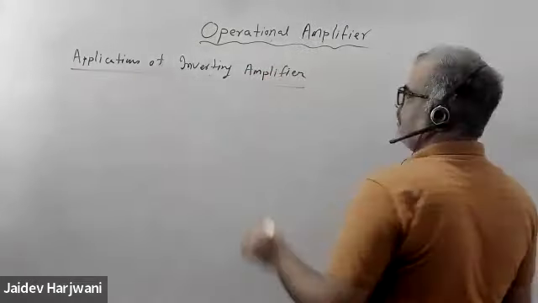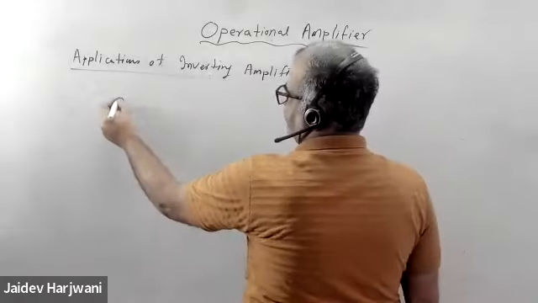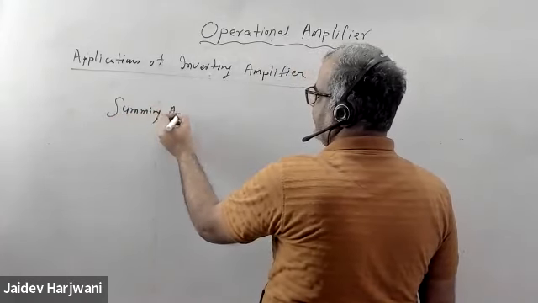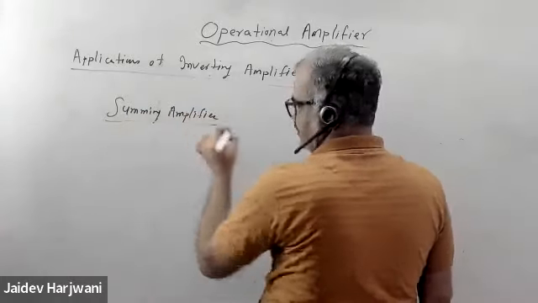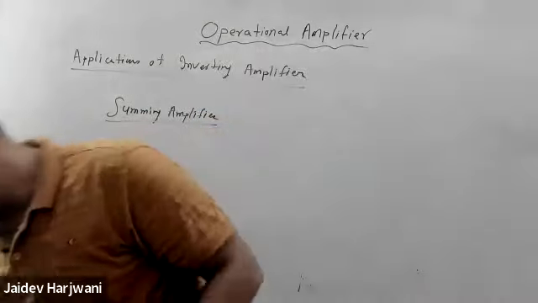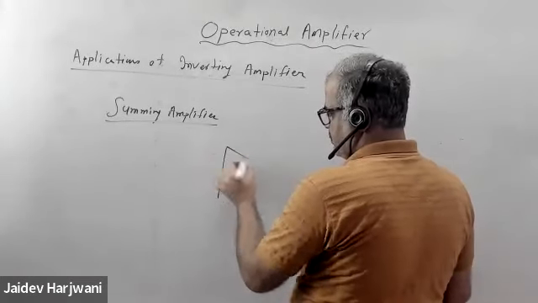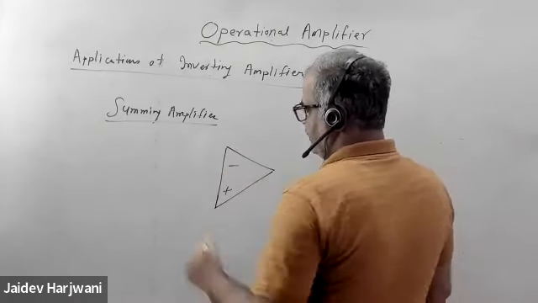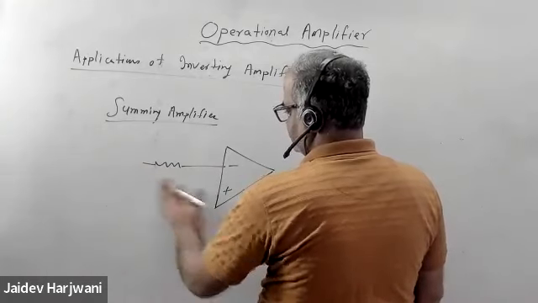So number one is your summing amplifier, because op-amp can add. So what is summing amplifier? This is my minus, this is plus op-amp. And now I want to add some voltages.